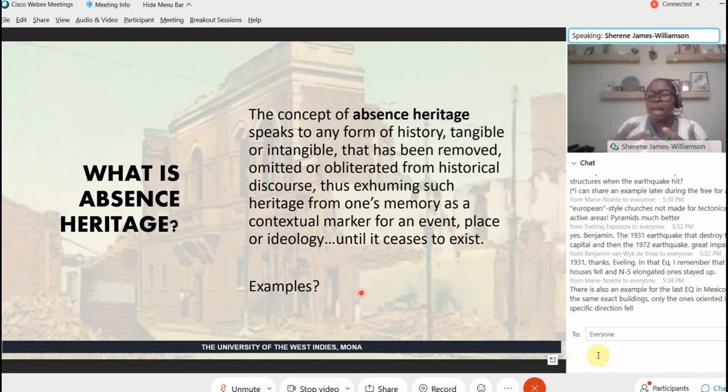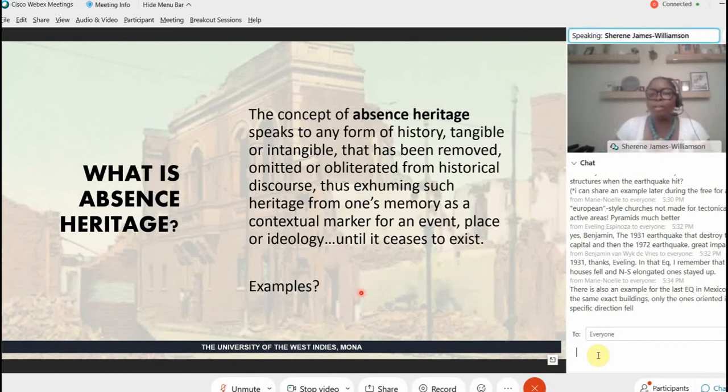And so because the ideology or place has been removed, and usually in this particular instance of the description of absence heritage, it speaks primarily of it being removed, not by accident, but purposely. And that's the issue. Absence heritage tends to speak more about an intended removal from the memory of people.